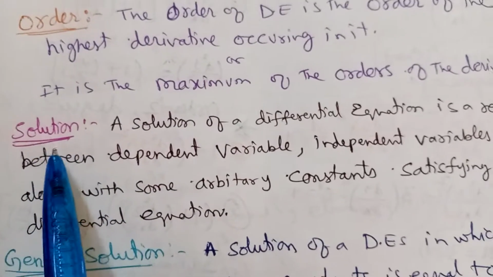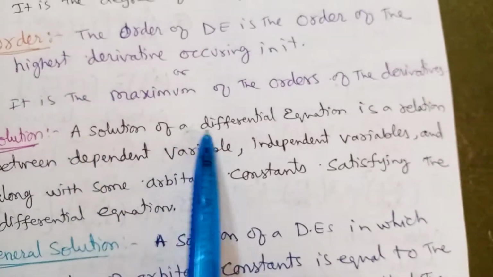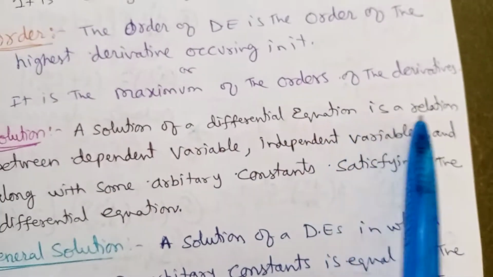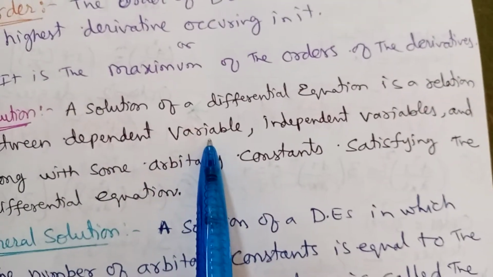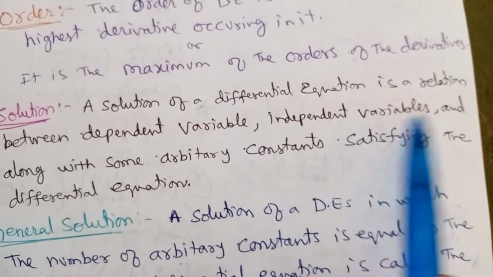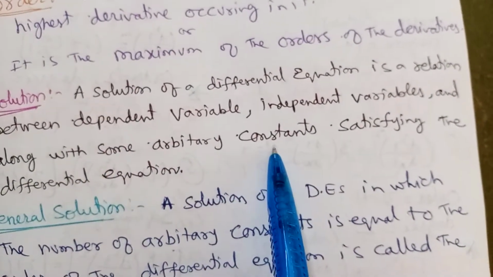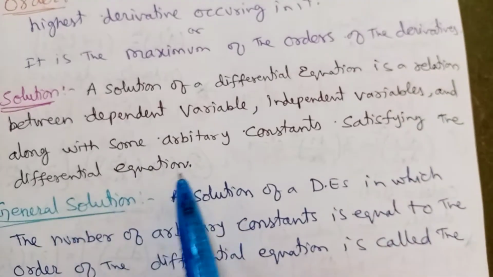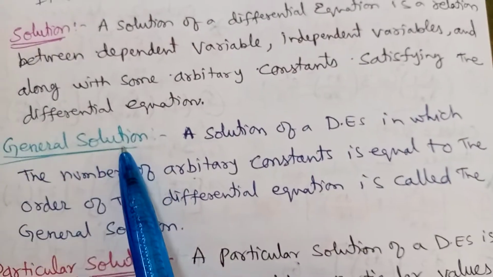Next term, solution. A solution of a differential equation is a relation between the dependent variable, the independent variable, and some arbitrary constants, satisfying the differential equation. Next, general solution.